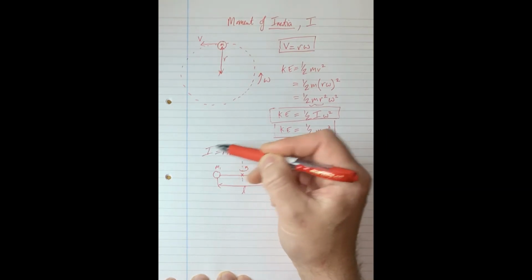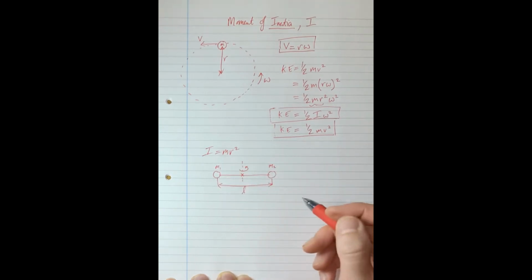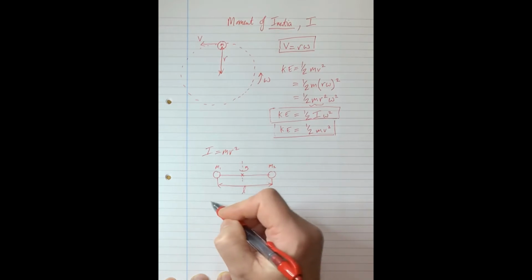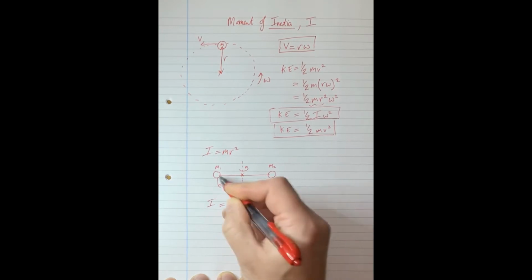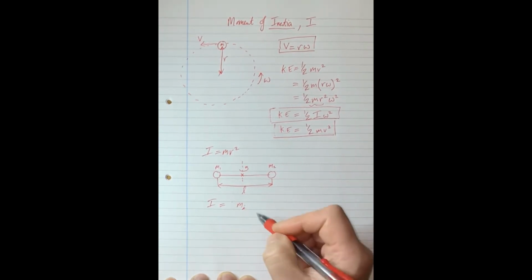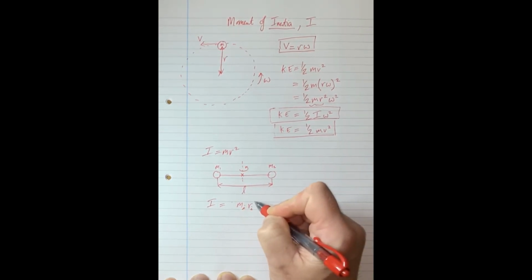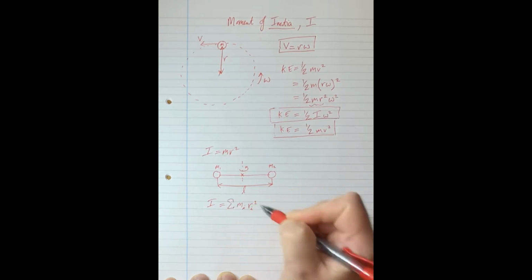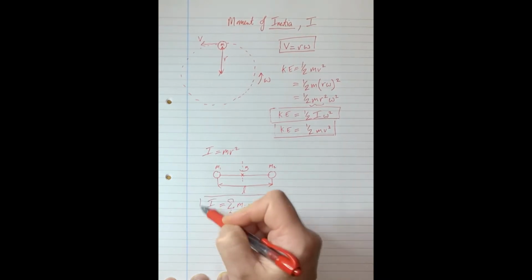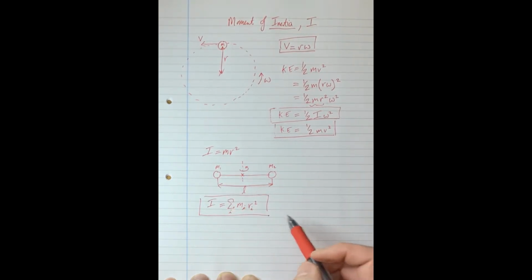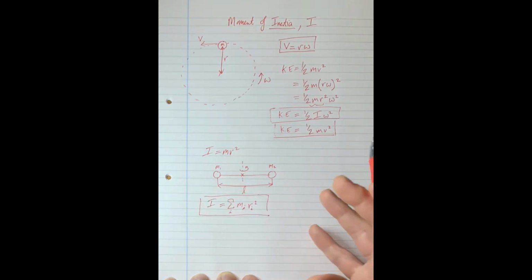Before, I said that I equals m r squared. The moment of inertia of a system of more than one mass is simply that we take each of the masses, in this case there's only two, but i of them, and multiply each mass m i by its distance r i squared, and sum them all up. We take however many masses there are, multiply each by its distance from the centre of rotation squared, and add them all up.